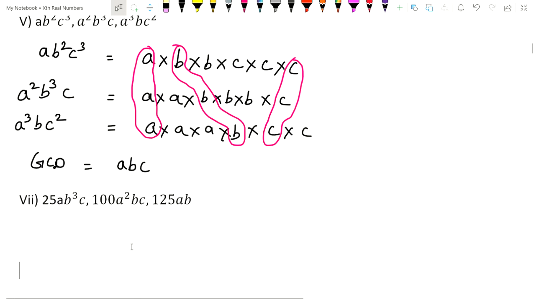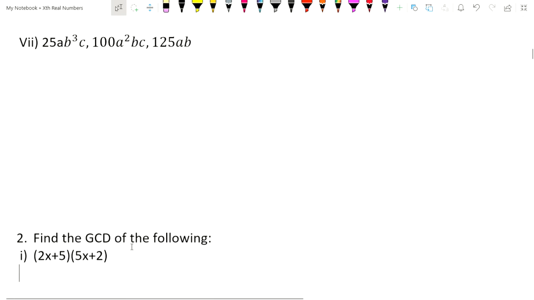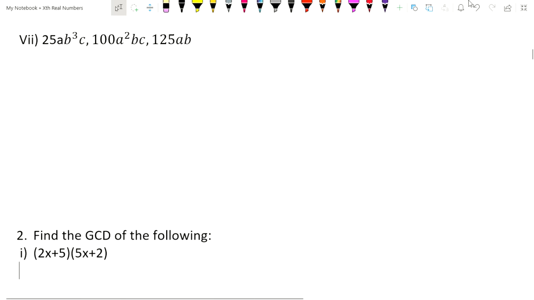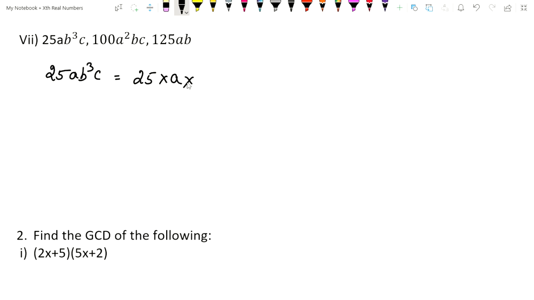See the next one. 25 a b cube c equals 25 into a into b cube, how can you write, children? b into b into b into c.